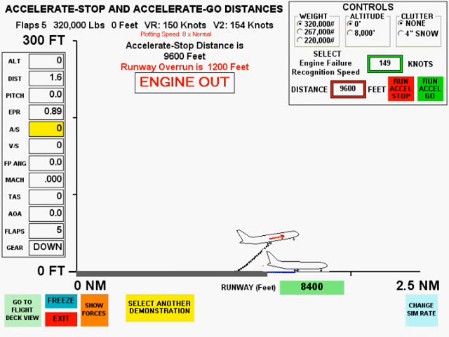In this case, we can just about go, but we cannot stop. Now let's try an engine failure speed of 144 knots.